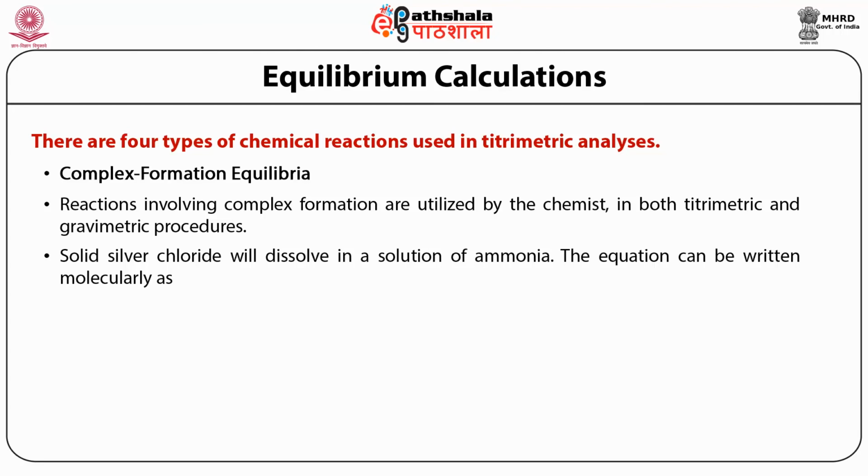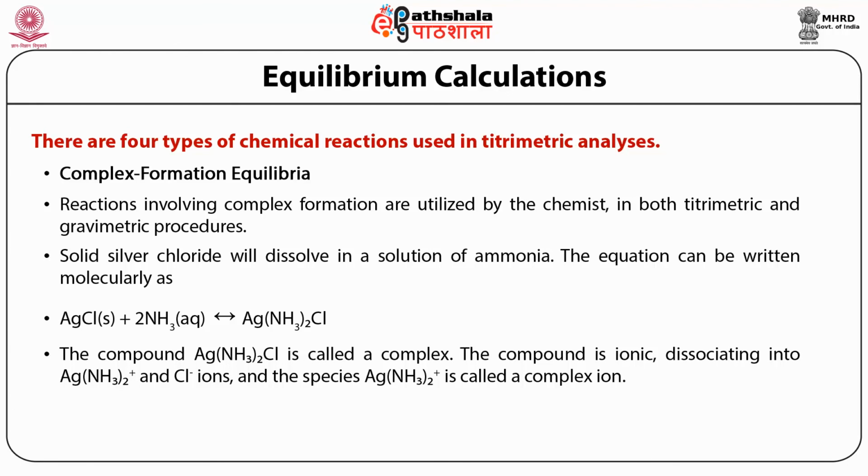The equation can be written molecularly, as depicted here, and the compound silver ammonia chloride is called a complex, and the complex is ionic, dissociating into the silver ammonia ion and chloride ion, and the species silver ammonia is called a complex ion.